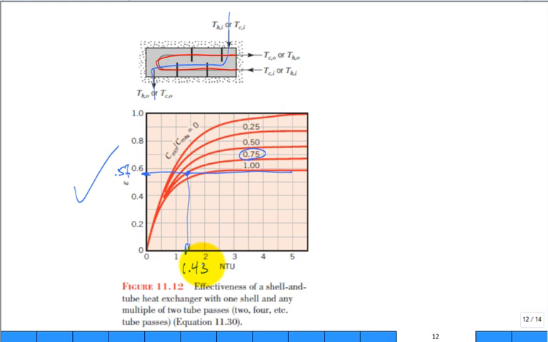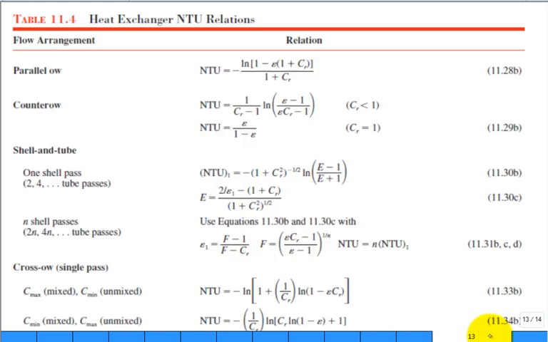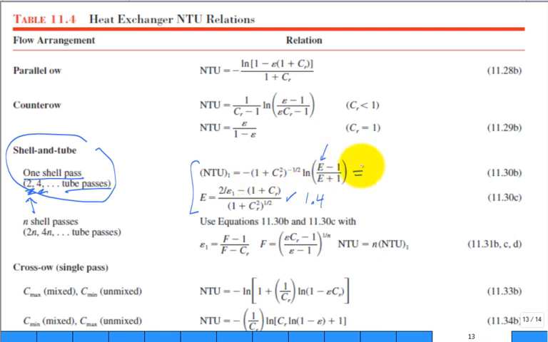Or you can go to an equation, shell and tube heat exchanger, 1 shell pass with 2, 4, or multiple tube passes. Well, we have 2 tube passes. It's a little step. You have to calculate this parameter E. If you calculate the parameter E, it comes to 1.4. When you calculate it, you put it into this next equation for the number of transfer units.